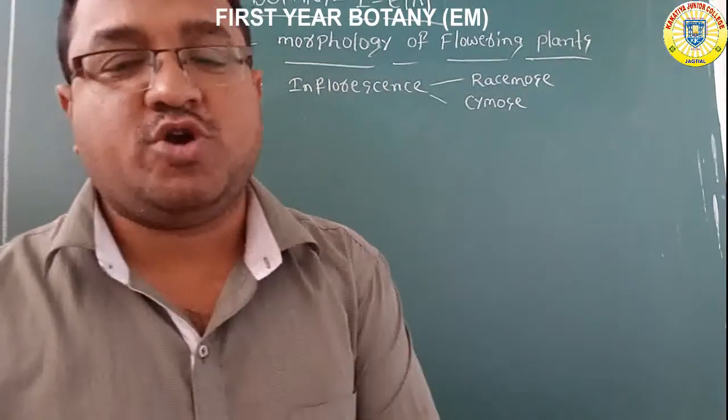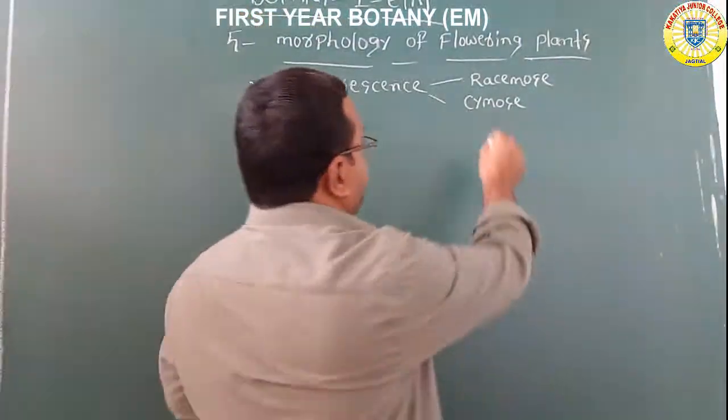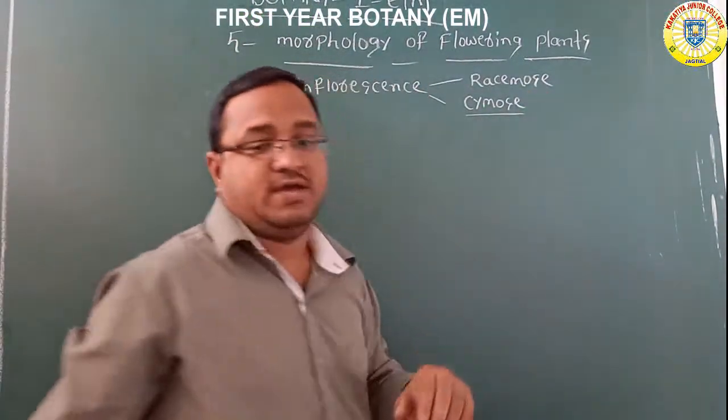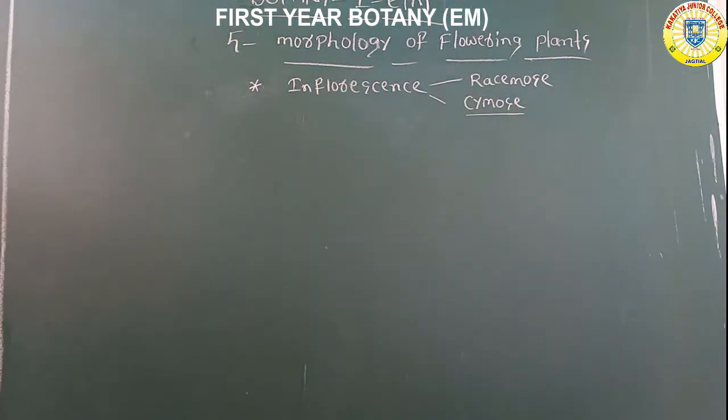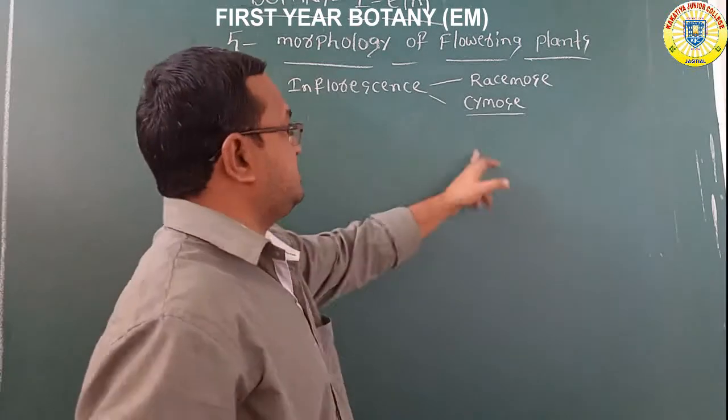Now in today's class we are going to discuss completely the second one, cymose. What is cymose? What are the characters of the cymose? We are going to discuss in this class.